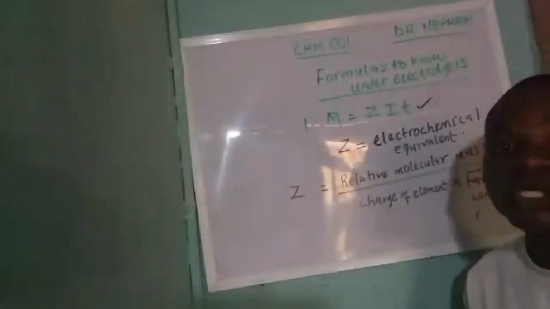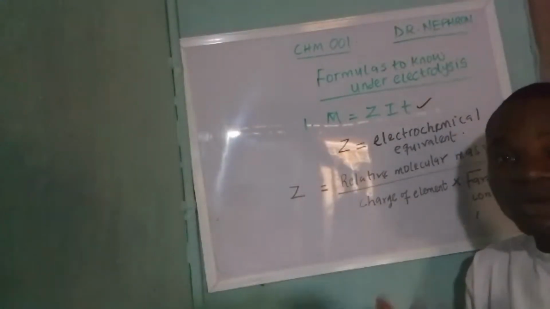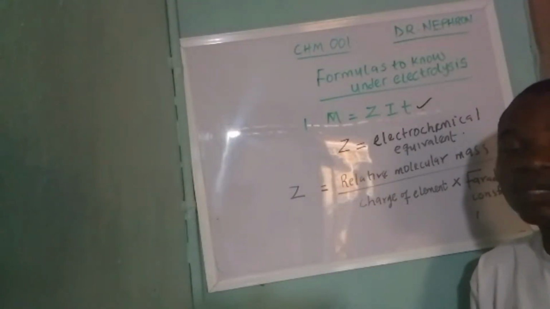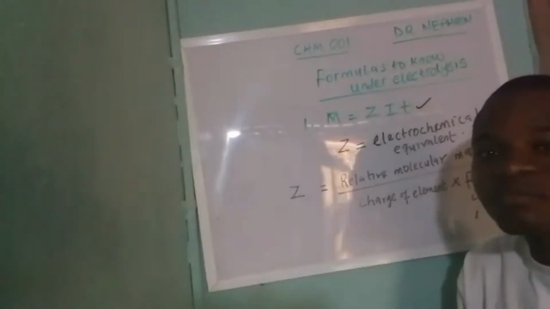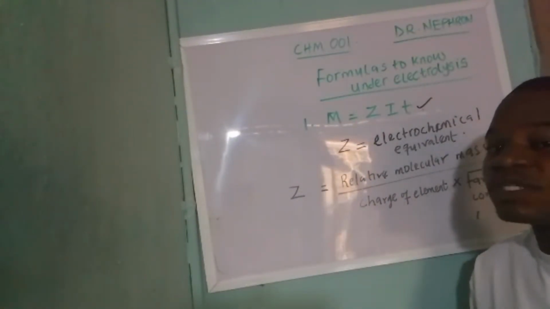Aluminium is +3, sodium is +1, calcium is +2.